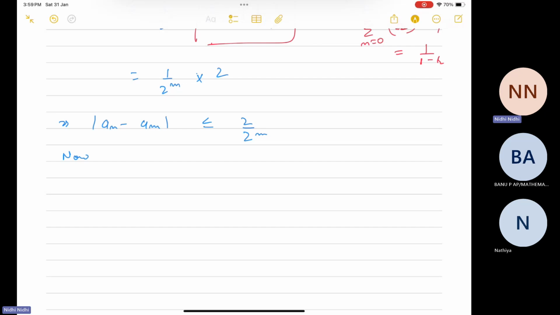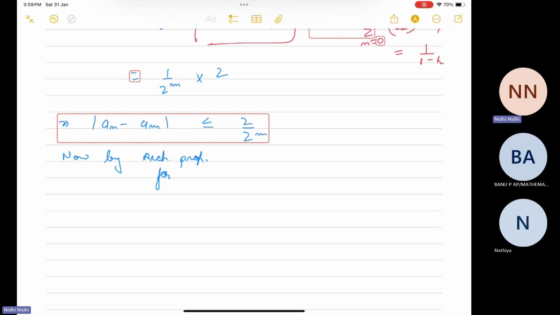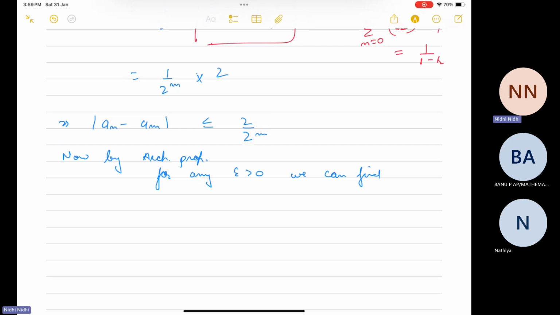Now, by the Archimedean property, for any epsilon positive, we can find some natural number n naught such that 2 by 2 to the power m will be less than epsilon for all m greater than or equal to n naught.